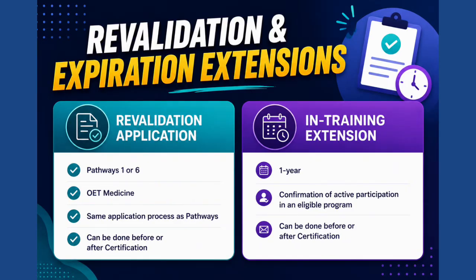So when your certification expires, your OET might be expired too. So you have to retake OET and do the same application process as the pathways that you have done before or after certification, right? But basically for the revalidation application, you have to apply for one of the pathways and the OET.